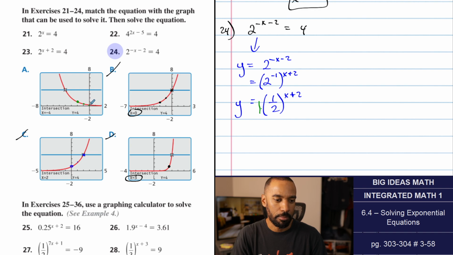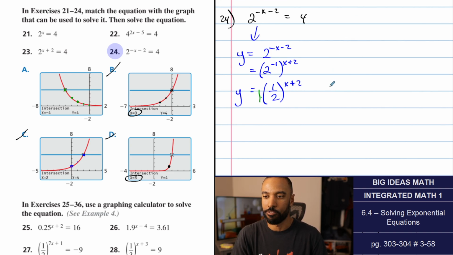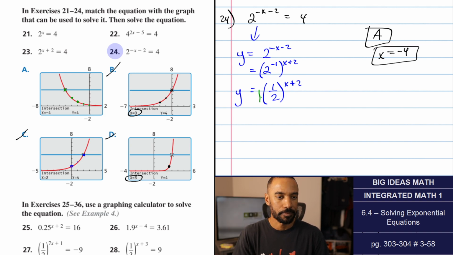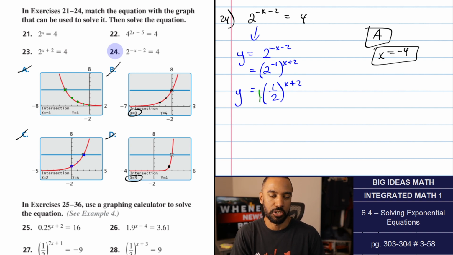Over 1, half of what you had before, which means when I go left 1, we multiply by 2, and left 1, we multiply by 2, which means x equals negative 4 is where you're going to get 4 out for this thing. So this is graph A. This is x equals negative 4 as an answer. We're good to go. So trickier problem, a lot more to work with. We didn't actually graph, but we use the understanding of graphs to make matches.